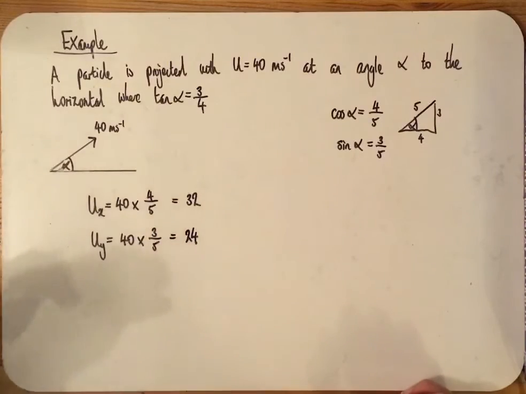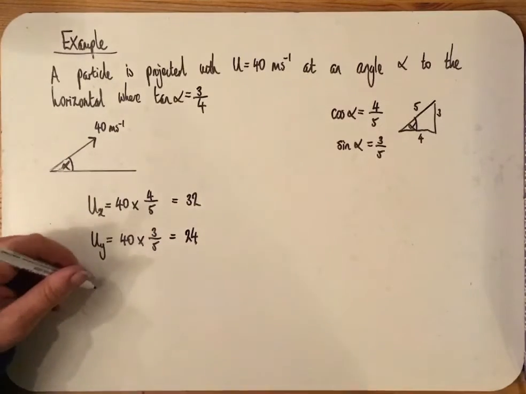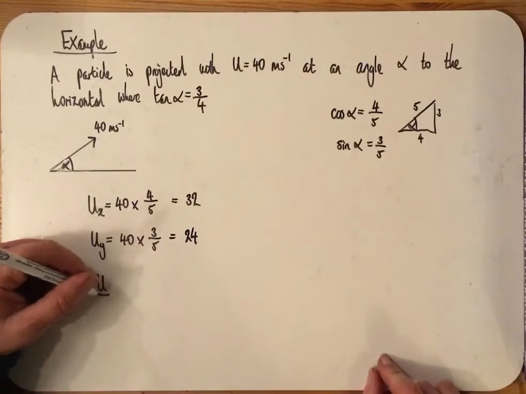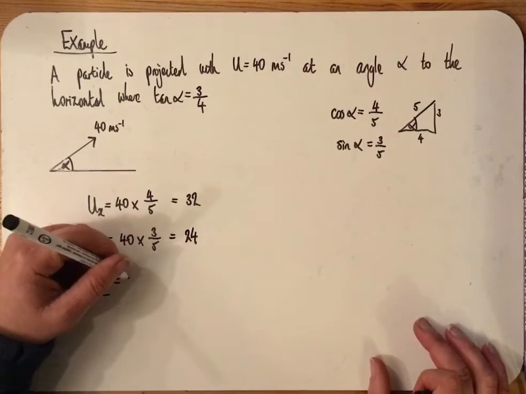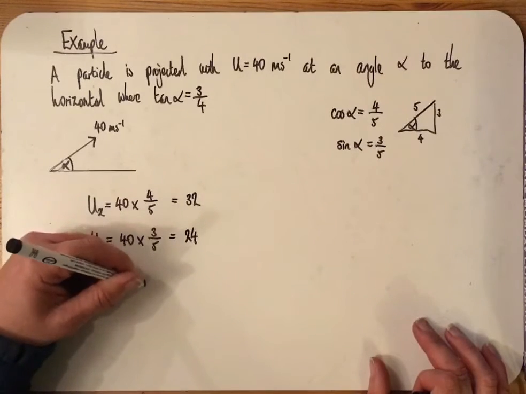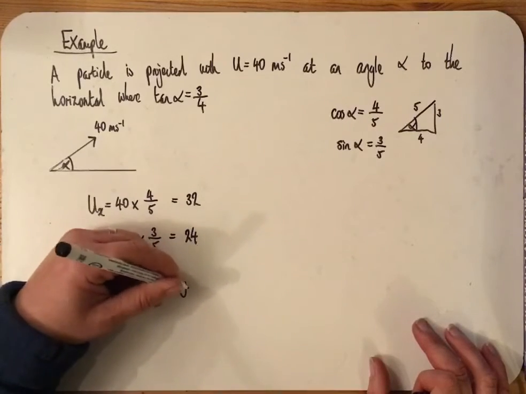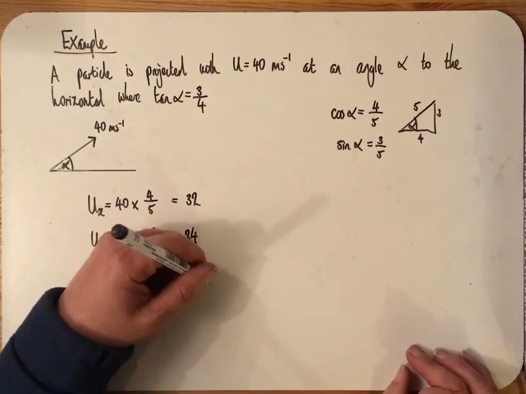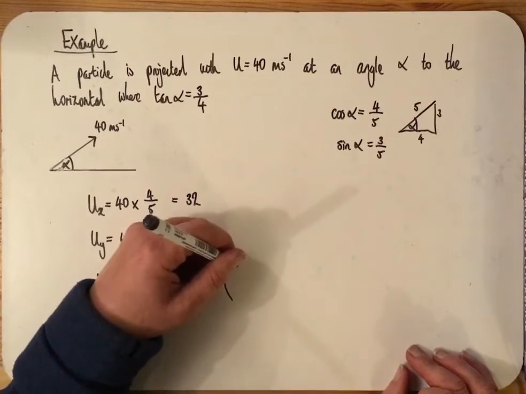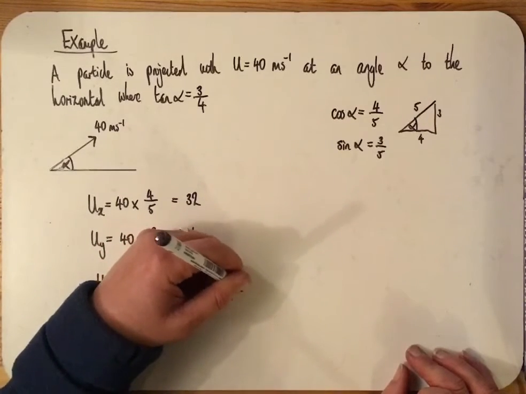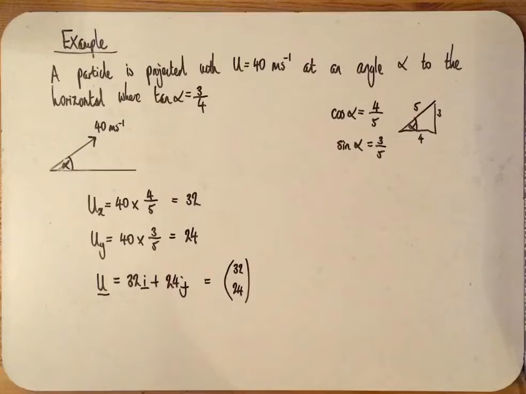And then once you've got your horizontal and your vertical, you could write U as a vector, and that would be 32i plus 24j, or you could use a column vector, so 32, 24.